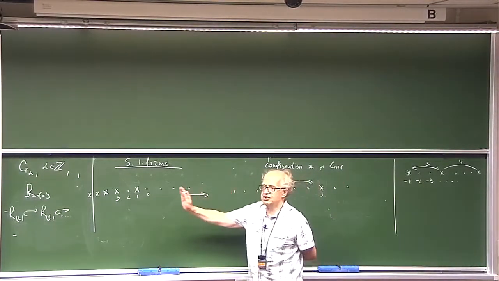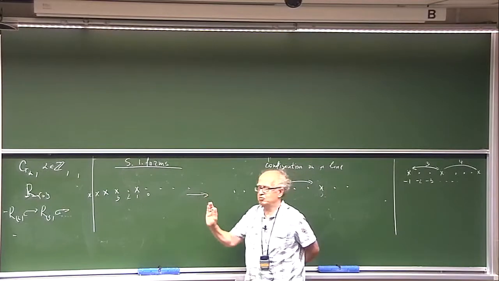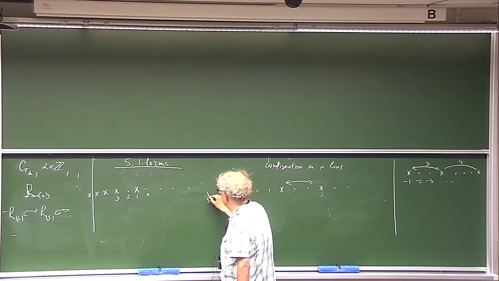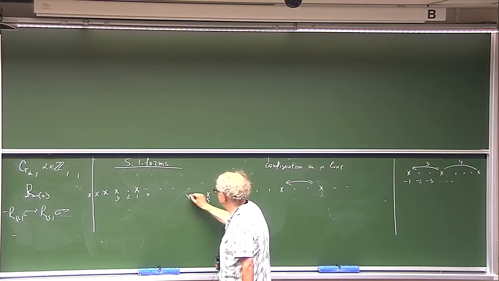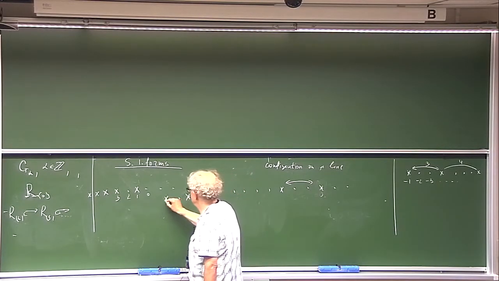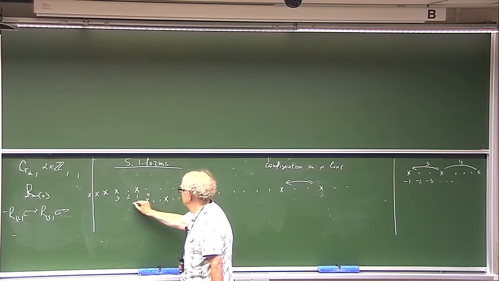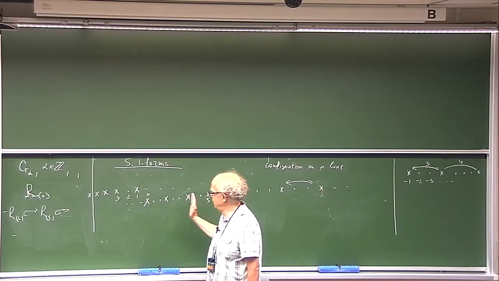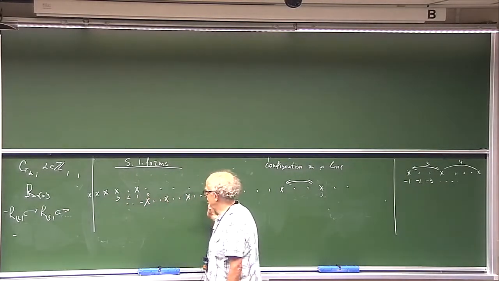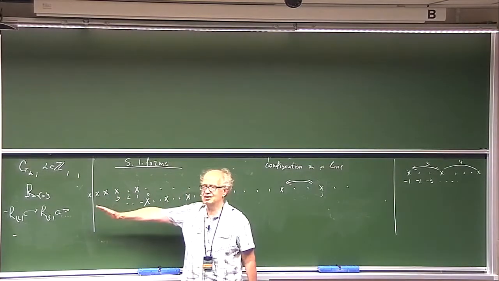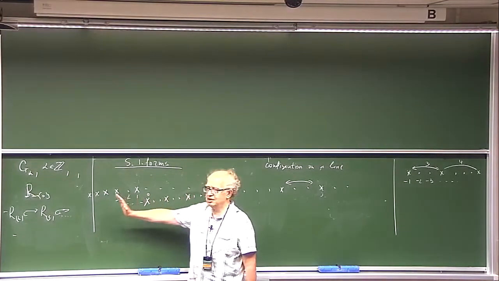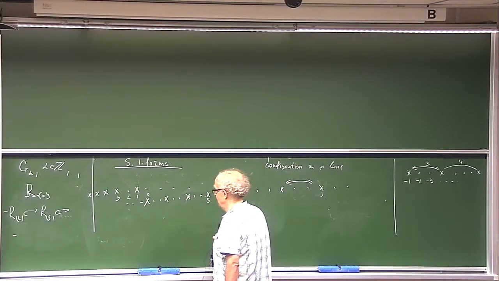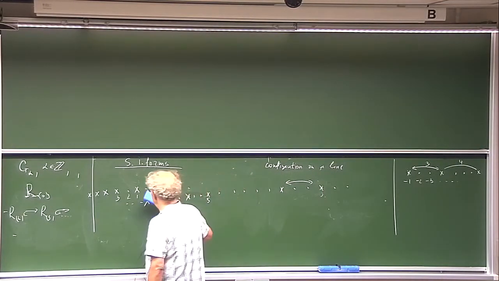And in this direction, the configuration is dense. So it means that after some point, maybe 5, for example, they are going like this. Usually we say that such a configuration stabilizes on a tail in this direction and stabilizes to 0 in that direction.